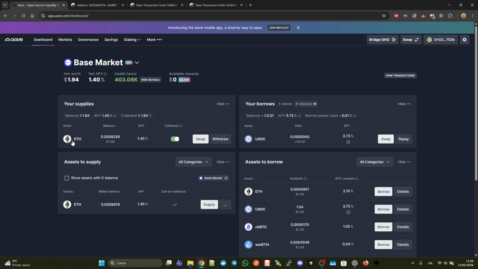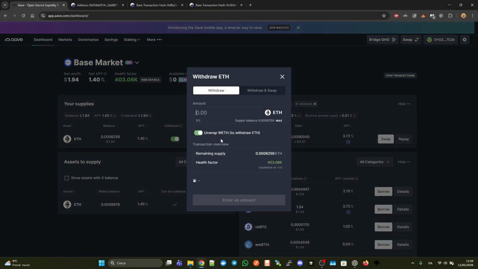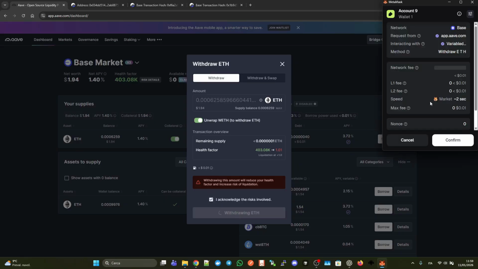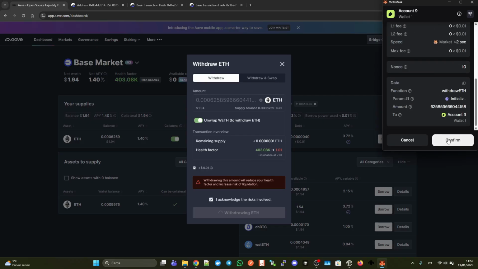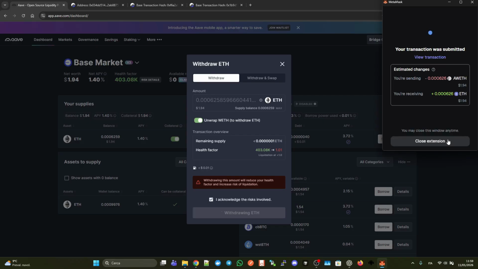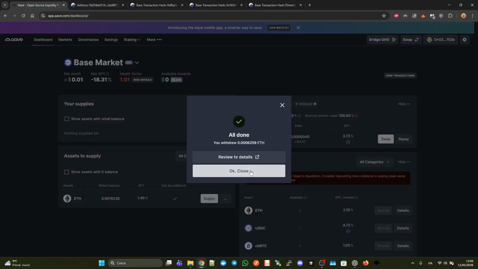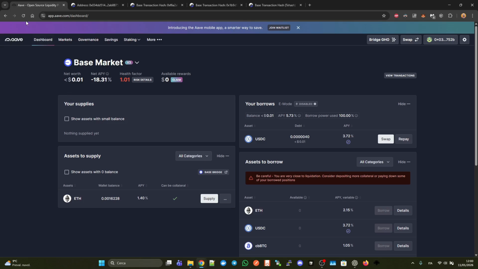Let's try to withdraw our collateral. So let's put withdraw maximum. Withdraw. Okay, now we are withdrawing it. Confirm. Okay. It is completing the transaction.